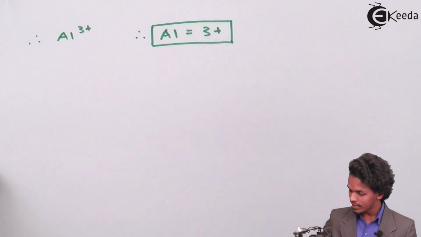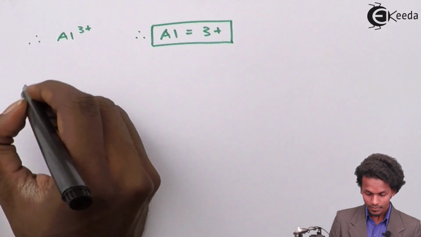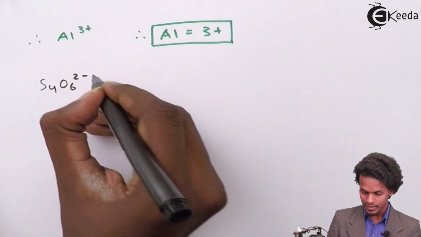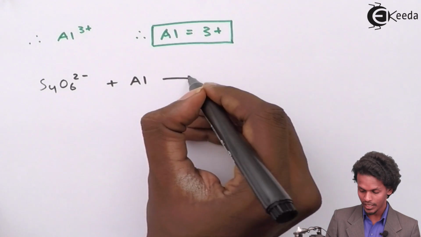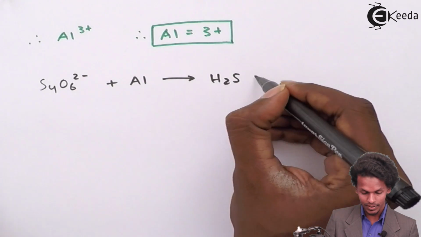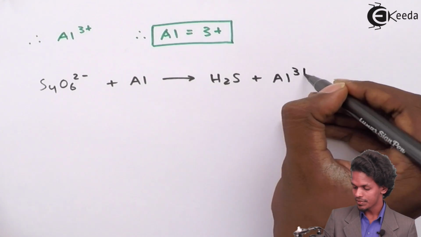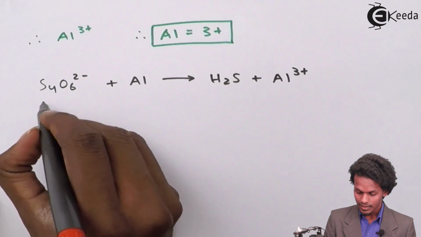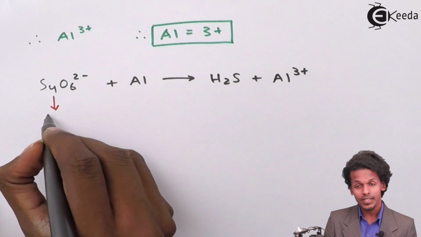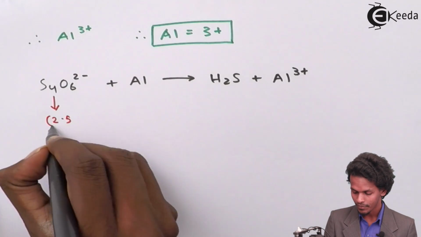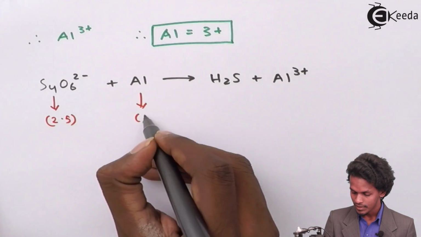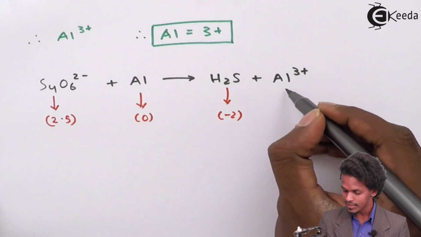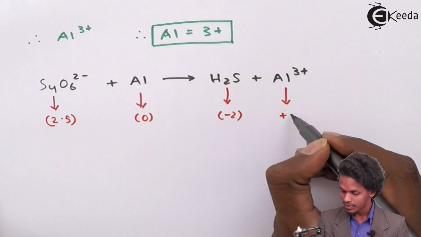So eventually we will write the reaction in the format S4O6 2 minus plus aluminium, that should give us H2S plus aluminium 3 plus. So this has given us the oxidation number of sulfur as 2.5, aluminium as 0, H2S as -2, and aluminium 3 plus as +3.